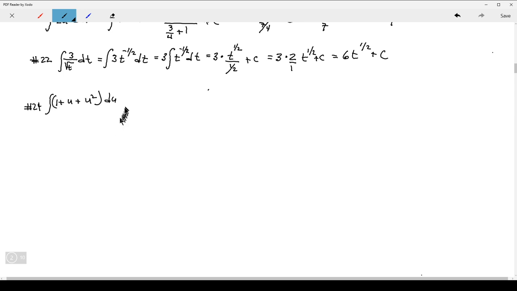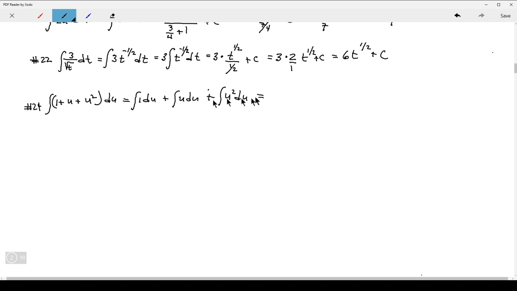My sub-rule for the power rule is that if I have addition or subtraction, I can distribute my antiderivative. So what I really have is the antiderivative of 1 du plus the antiderivative of u du plus the antiderivative of u squared du.